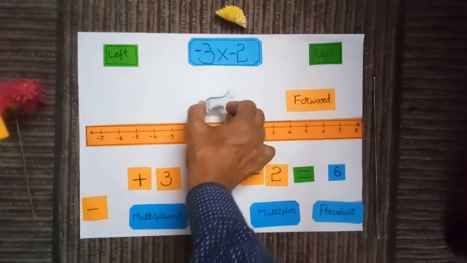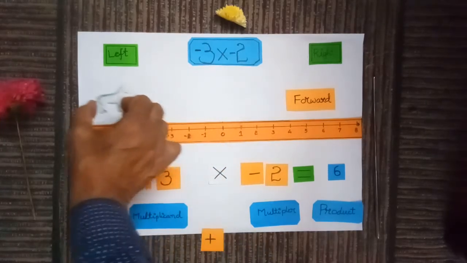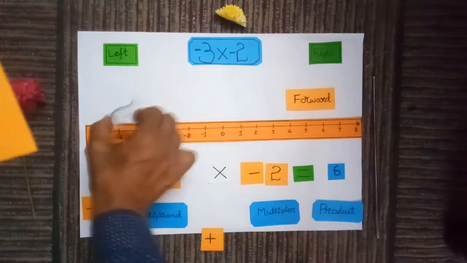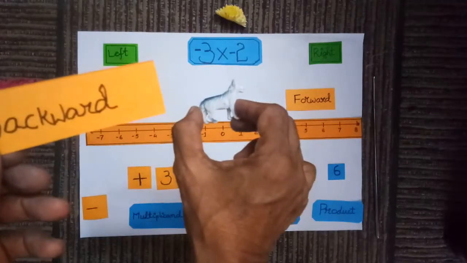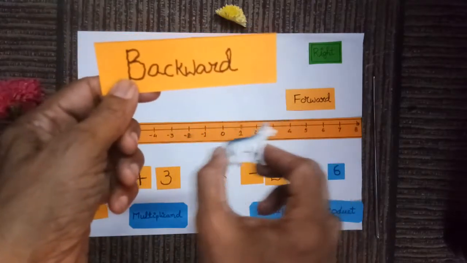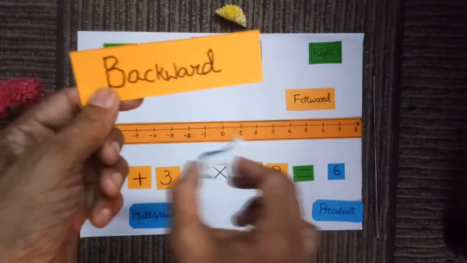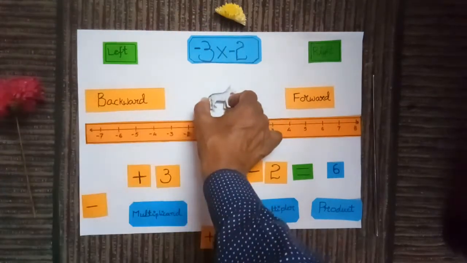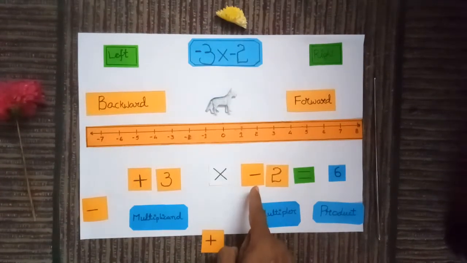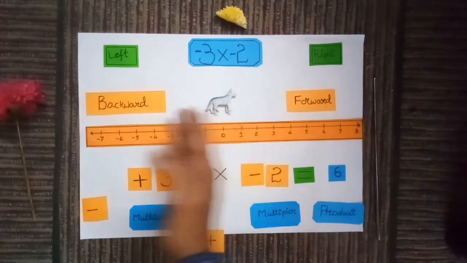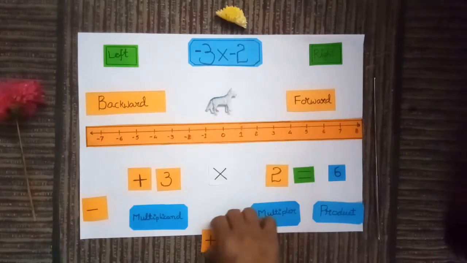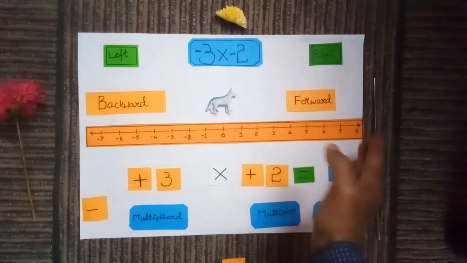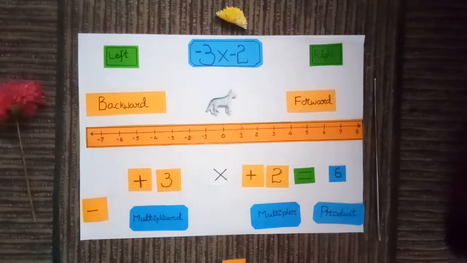It is hopping, jumping like this, facing right but jumping backwards. So that is the meaning of the minus sign. Minus sign indicates that it is jumping backwards. If the sign is positive, then you must assume that it is moving in the forward direction.